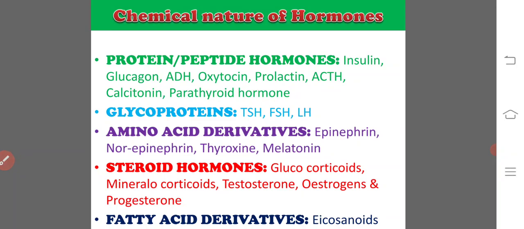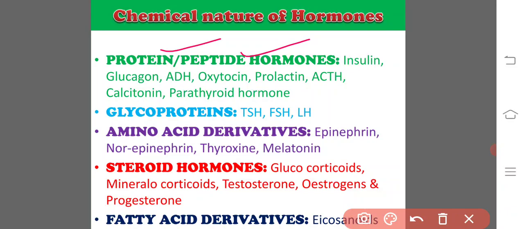Now see the chemical nature of the hormones. Based upon their chemical nature, all these hormones are grouped into 5 groups. Here, some of the hormones are protein or peptide hormones in nature.